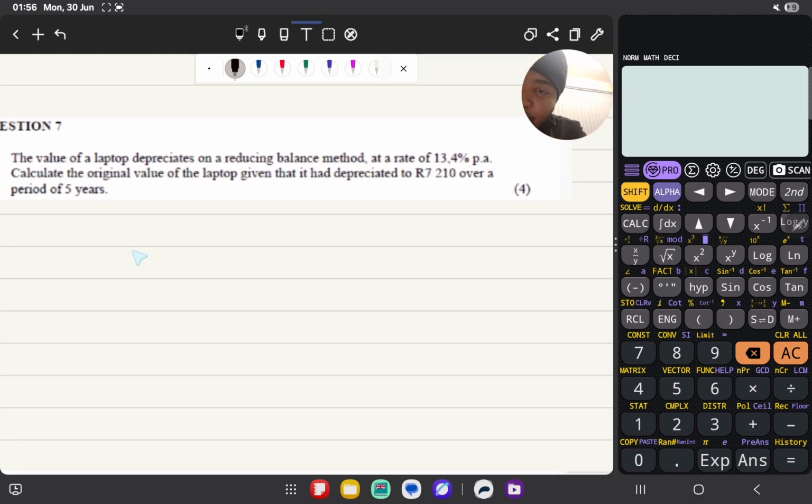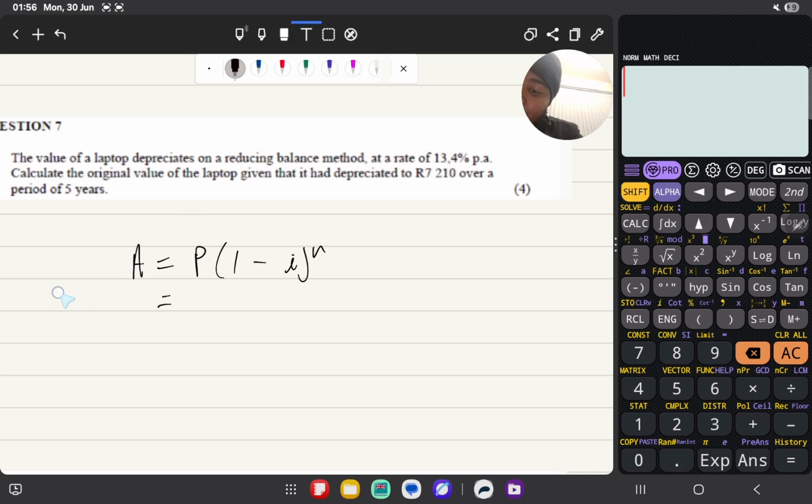So very simple. First, your formula: A equals P times 1 minus your interest, to the power of n. So we're trying to find the value of P, which of course we know is going to be a bigger value than A. So let's get the math done.